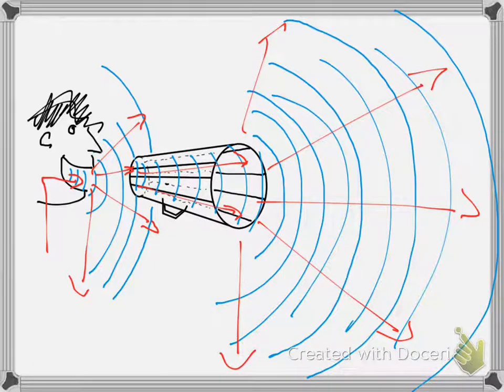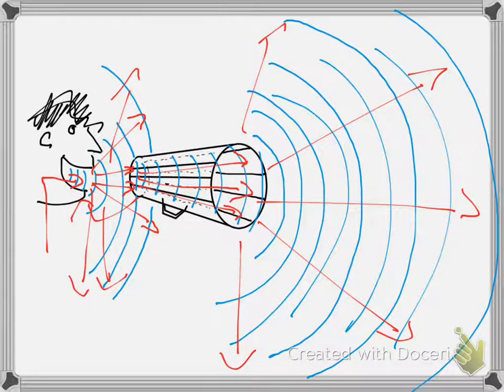But you can think about it intuitively, right? If I were to hold the megaphone right up to my mouth, the sound waves, the energy, would all be going into the megaphone. It wouldn't be spreading out in all these different directions. And so more energy is going to increase the amplitude of those waves. And additionally, as those waves are traveling the length of our megaphone, they can't escape outward.